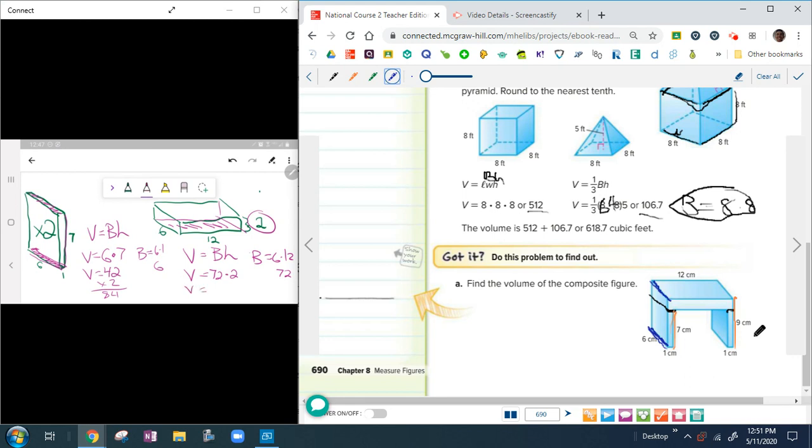So that gives me 144. And now I have 84 plus the 144. Gives me a grand total of 228. Let's see if we got that. Boom, 228. And I did not label with cubic units. Cubic. 3 dimensions.